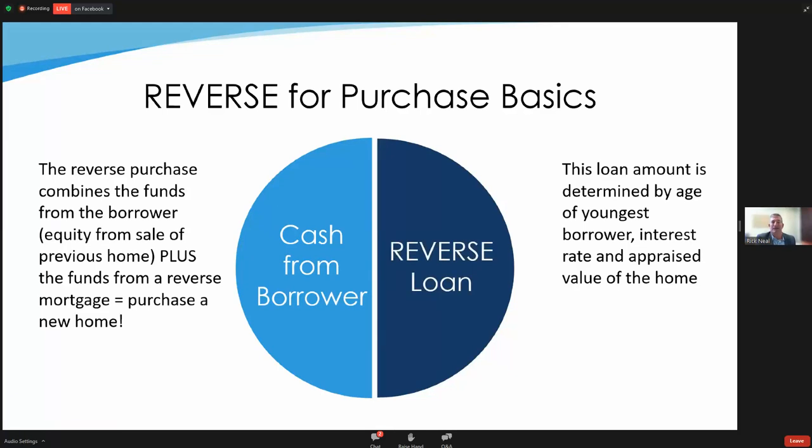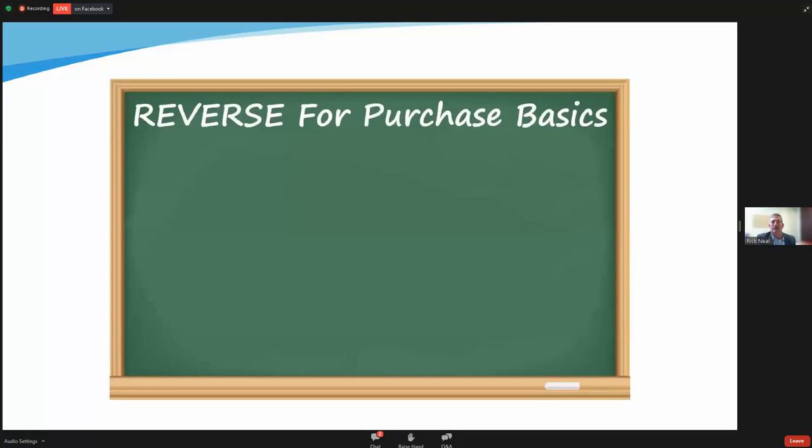Okay, let's take a look at some basics on the reverse for purchase. These are non-negotiable requirements from reverse lenders. And quite frankly, in today's market, they've been obstacles for many buyers and realtors because of them.